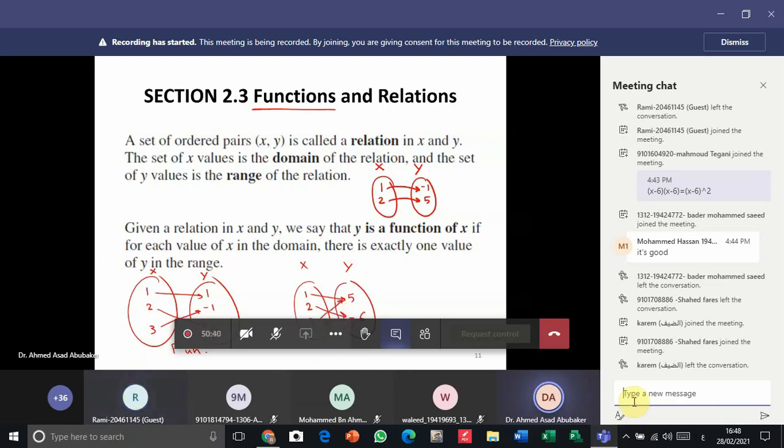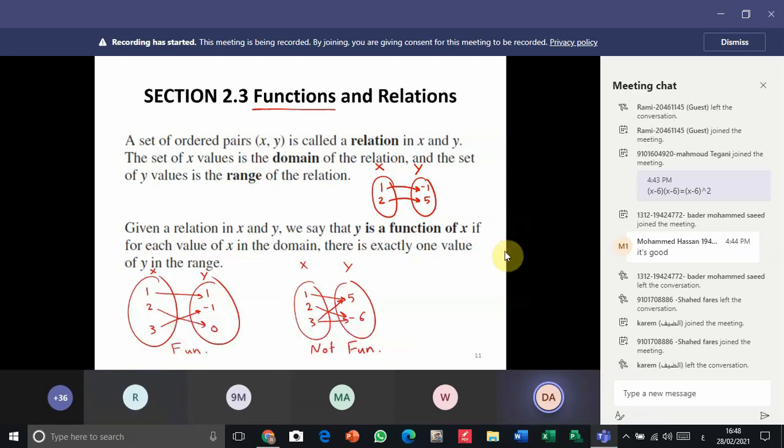This is a relation, okay, but not a function. Why is this not a function? Look at the item 3 in the x. This is linked with two values in the y. So this is not a function.